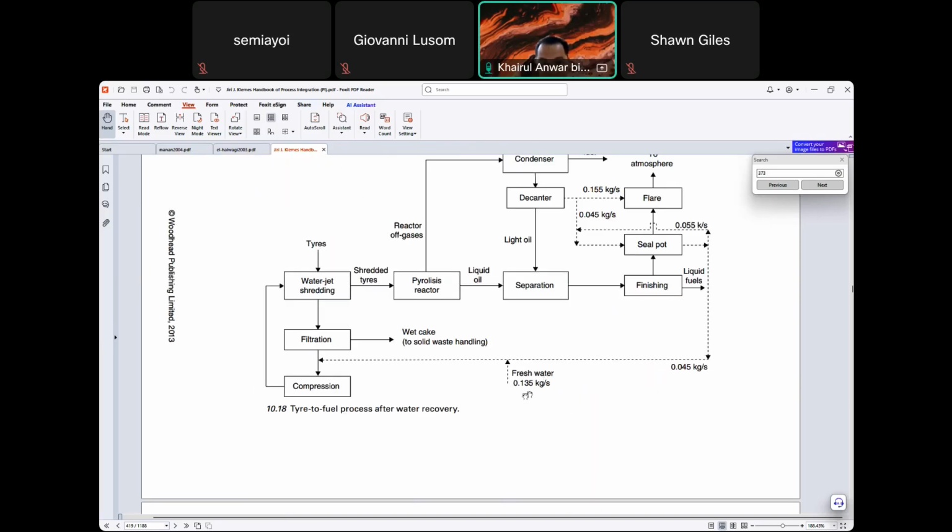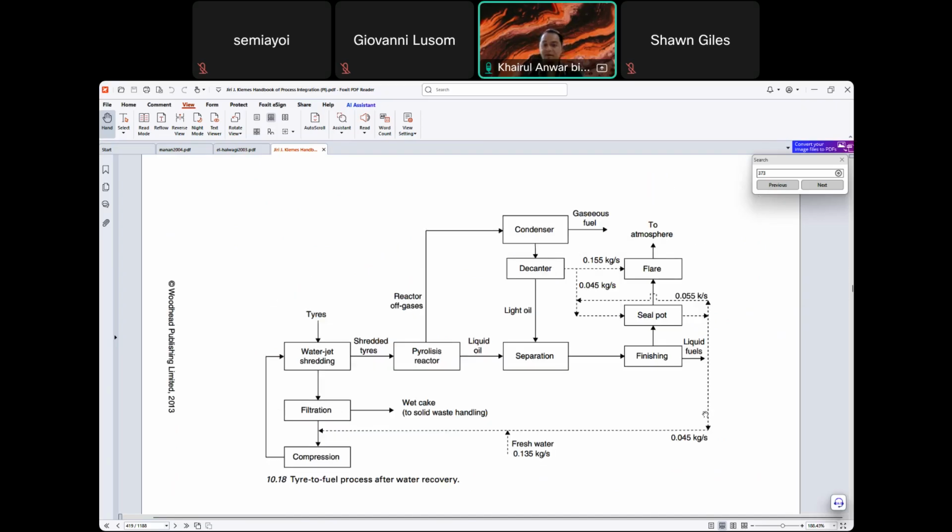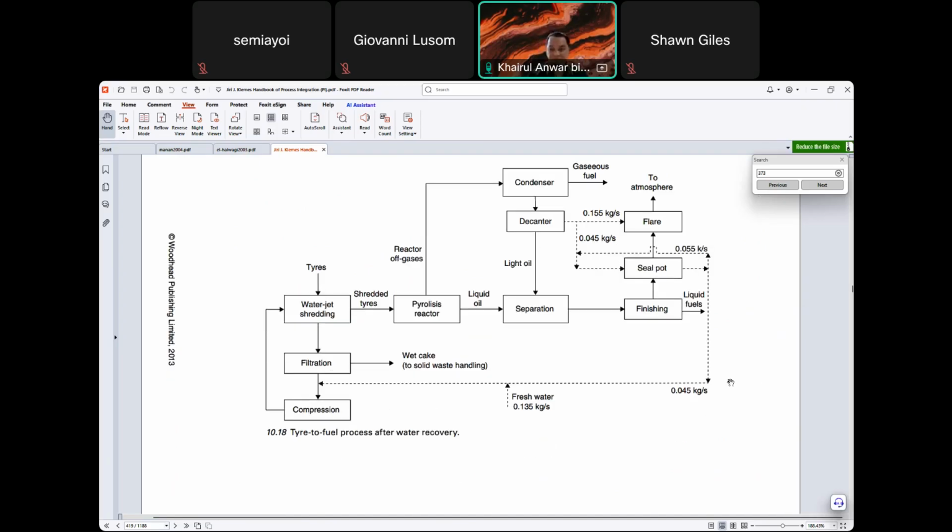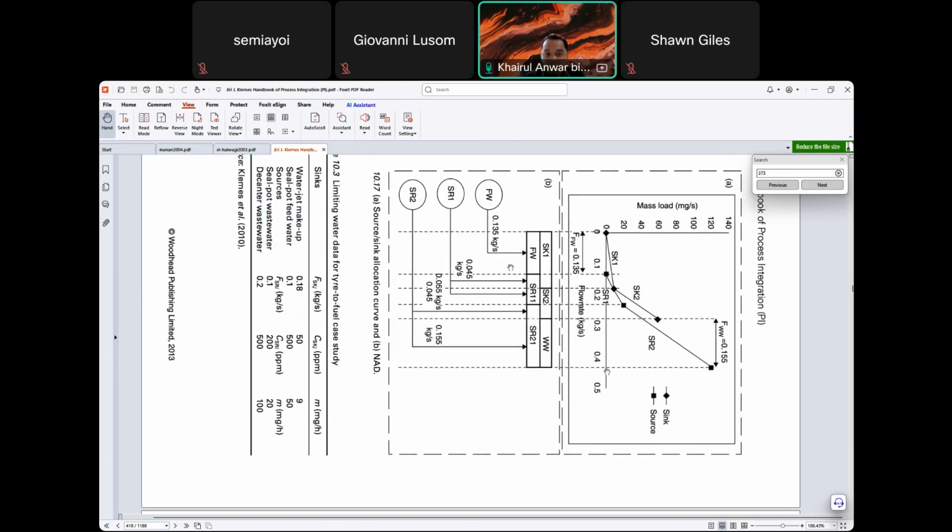This one is only 0.135. So the value 0.045, 0.055, 0.45, 0.155 is based on the NAD, network allocation diagram.